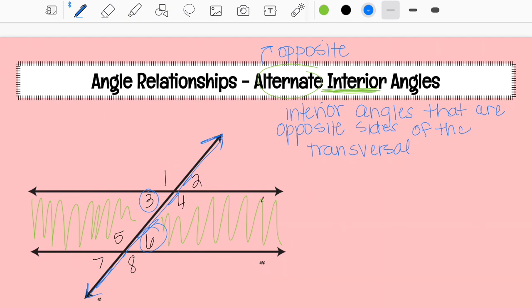It wouldn't be angle 8 because angle 8 is in the exterior. So angle 3 and angle 6 are alternate interior angles, and so would angle 4 and angle 5. And the cool thing about alternate interior angles is that they are also congruent. So this is very important.